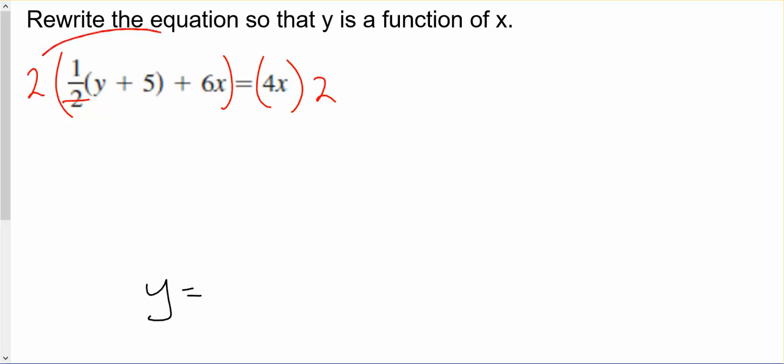But I've got to take this 2 to the 6x because the 6x isn't in the parentheses with the y and the 5. So what we'll get is 1 times the quantity y plus 5, because the 2 is simplified, and 2 times 6x makes 12x, and 2 times 4x makes 8x.